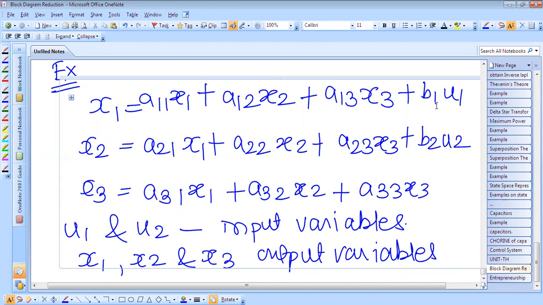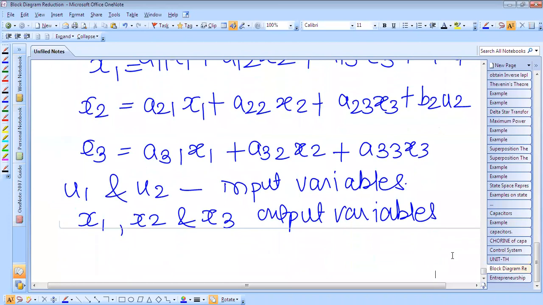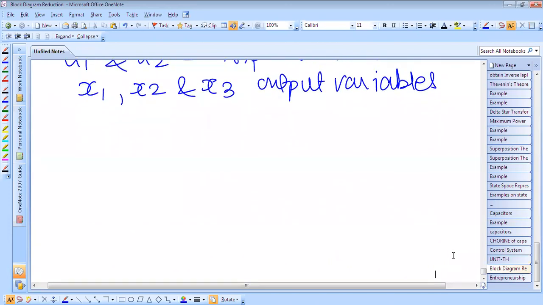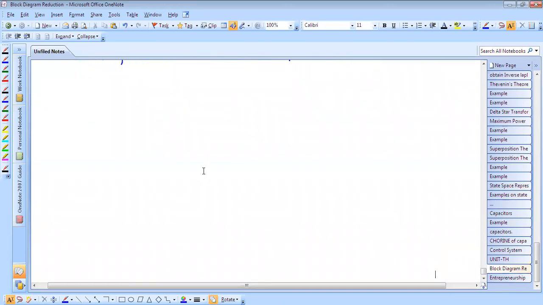By taking the help of these equations, I can now draw the signal flow graph. So this is x1, this is your u1, this is x2, this is x3.